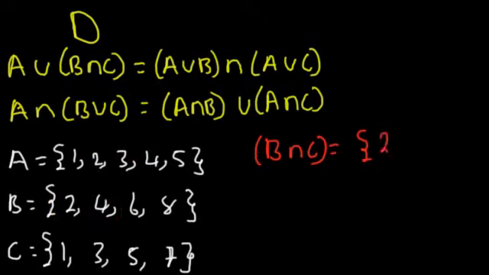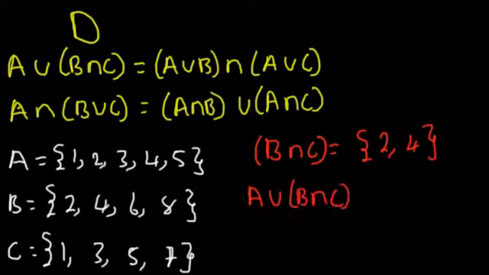Now A union (B intersection C) will be equal to... I guess I've made a mistake. B intersection C is this set and this set, not this and this. So we need to correct our mistake.